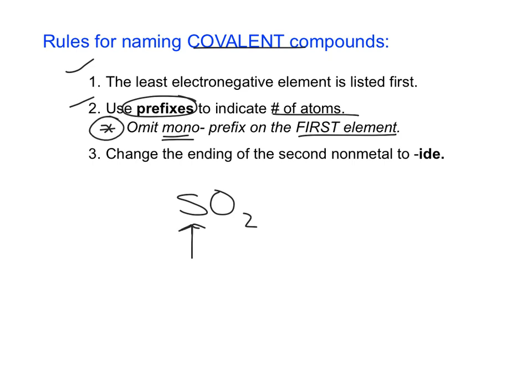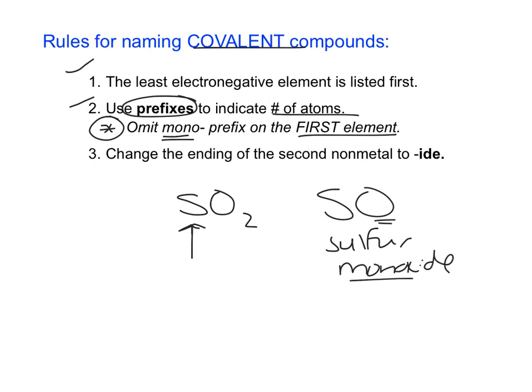So mono is 1. If you remember SO, this was sulfur monoxide. So we can use mono if there's 1 of the second atom, but we would not say monosulfur monoxide for the first element. Mono is the only prefix we don't use for the first element.